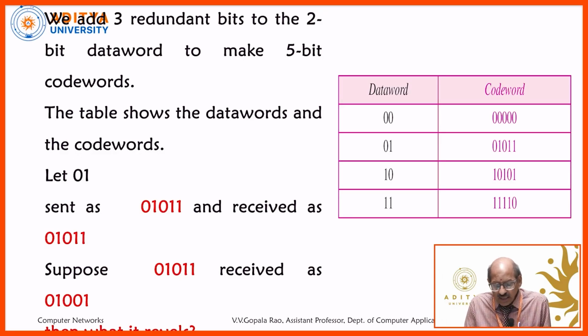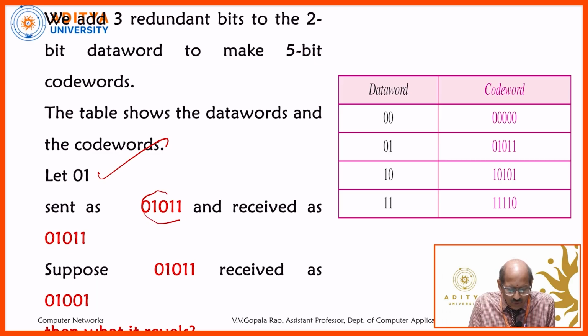There is again a data word and code word block we are identifying here. Let us say that 01 is sent as 01011. This is the code word matching 01. Once the sender wants to send 01, it cannot send 01 as it is, because redundant bits must be clubbed with it.